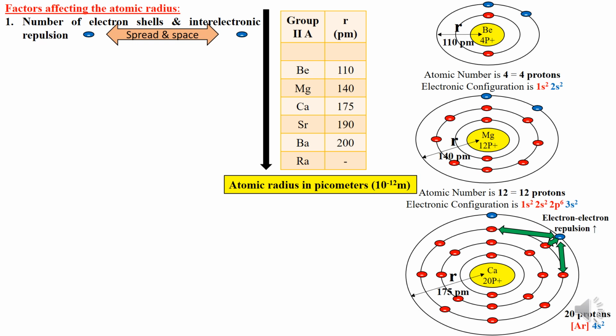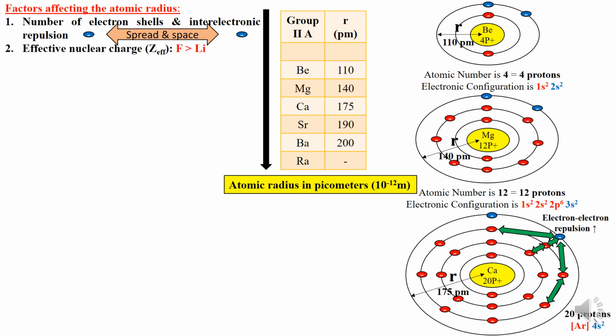They too repel each other, and due to interelectronic repulsion, the charge spreads and occupies more space. The electron cloud expands and the atomic size increases. So there is electron-electron repulsion not only between electrons within the shell but also between the shells.